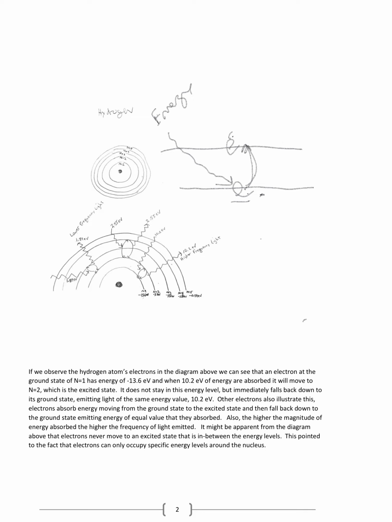But then it wants to fall back down again. So the electron is going to fall back down to its ground state. When it does that, it's going to release the energy that it absorbed. And we could experience that as light, right? Visible light.